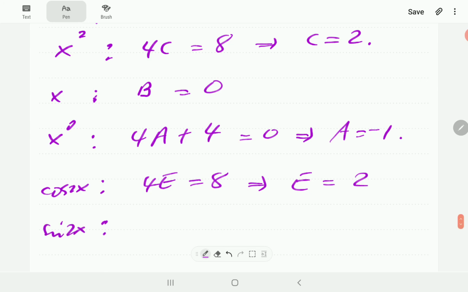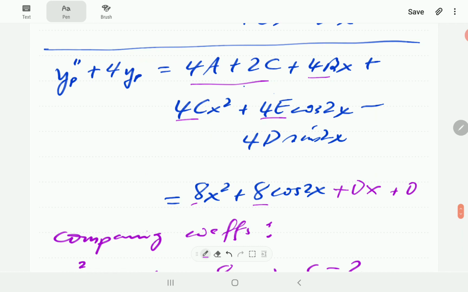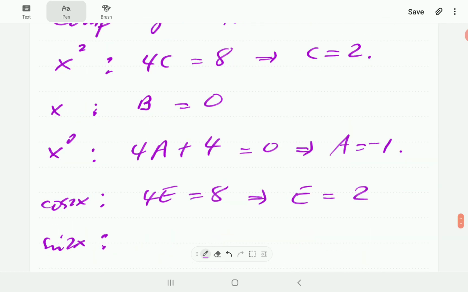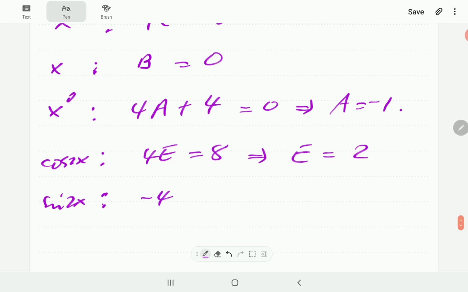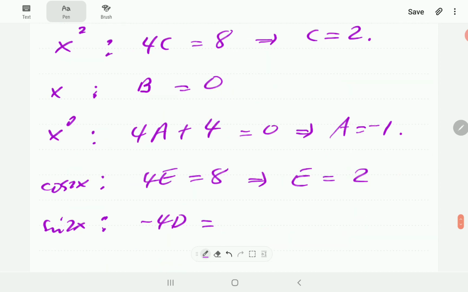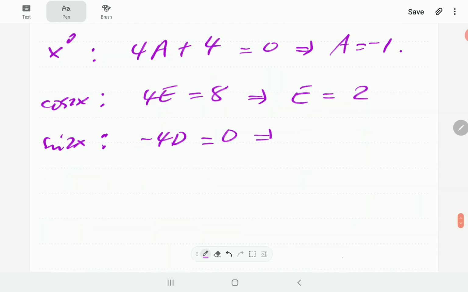And then the sine 2x term, on the left hand side we've got negative 4d as the coefficient of it. On the right hand side there is no sine, so this tells us that d must be equal to 0.